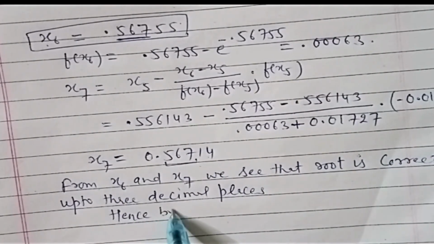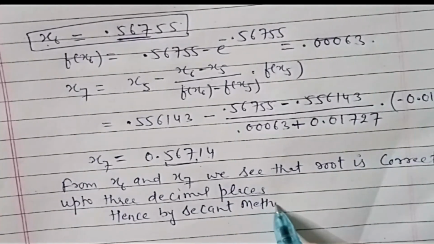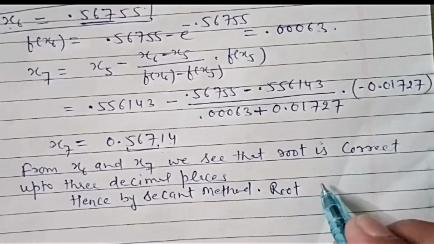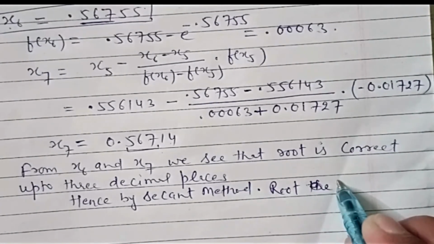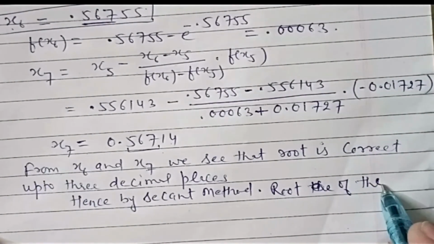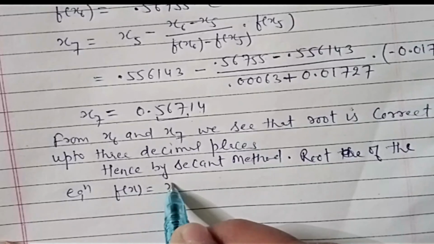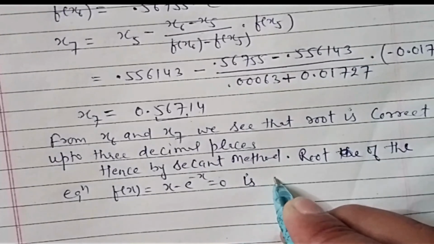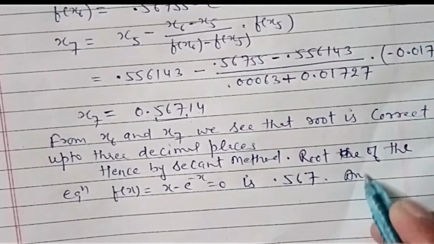Hence by secant method, the root of the equation f of x is equal to x minus e raised to the power minus x is equal to 0 is 0.567, and this completes the proof.